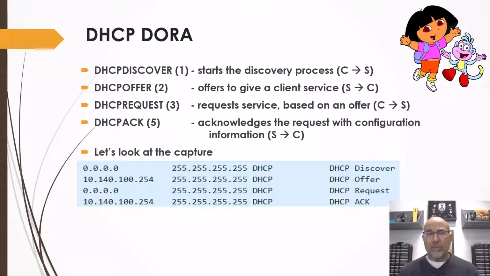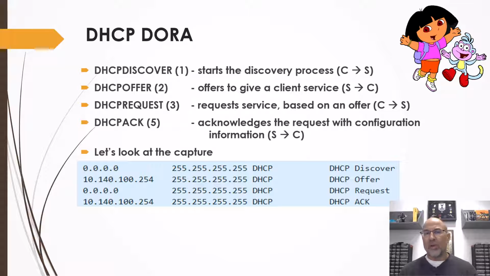And then the client comes back with a request. Option number 3 or message type number 3 in the DHCP is this request. And this is the client saying, yes, thank you for your offer. I would like to have that address, please. And then the last message is the server acknowledging that the client is going to take that address. Now, after this point, the client and server will communicate using the unicast address that was offered to the client.